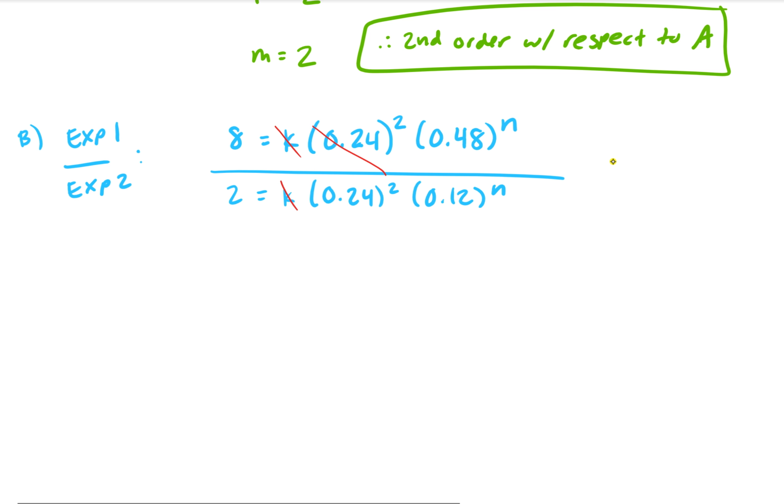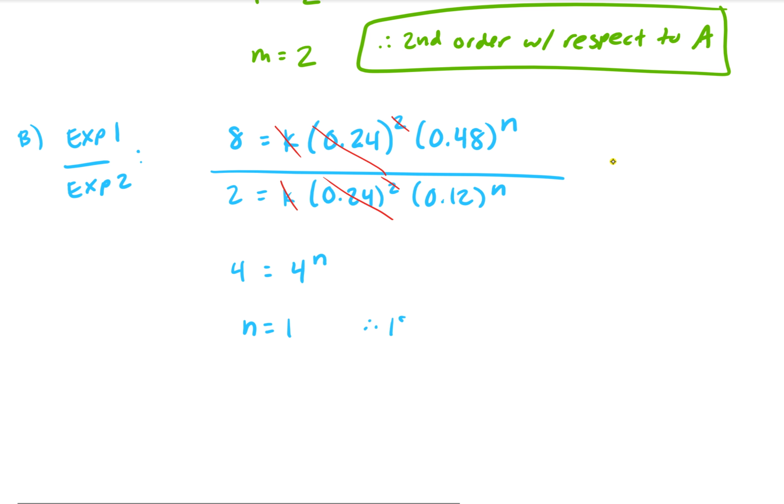The 0.24s cancel along with their exponent of 2, and I simplify. 8 over 2 is 4, and then 0.48 over 0.12, that is also 4, to the nth power. N equals 1, because 4 to the first gives me 4.